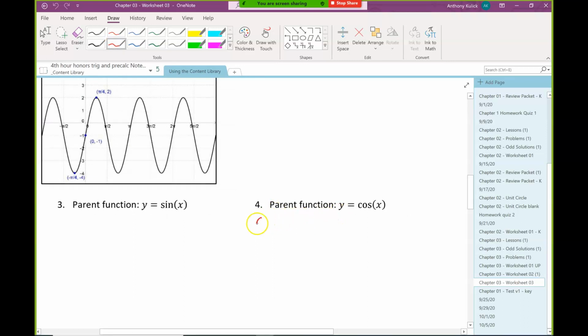It says to use a cosine function. So the first thing I would do is figure out the midline point, which we can eyeball right there. So the midline is y equals -1, which tells me my k is -1. Everybody good with that?